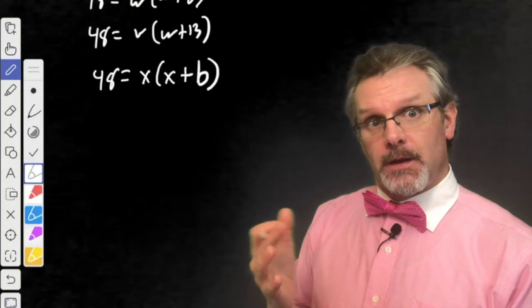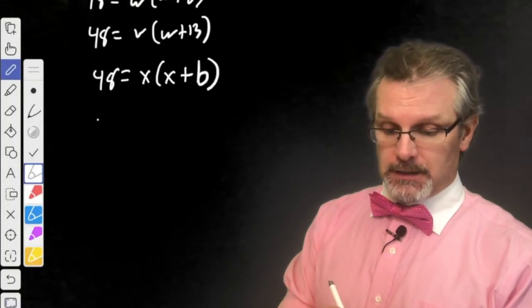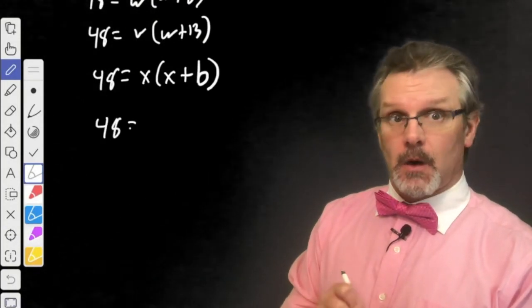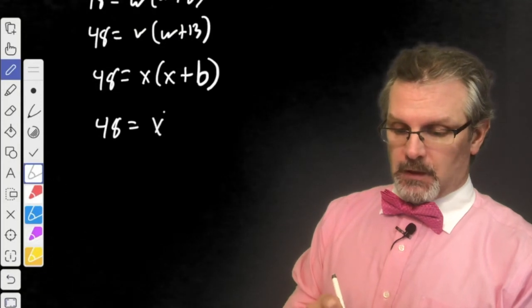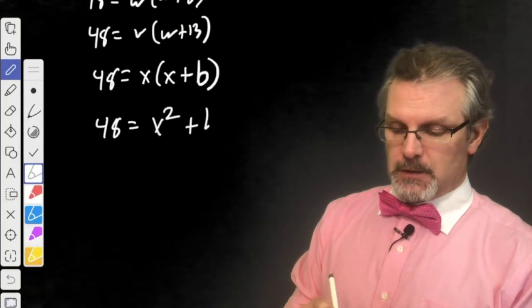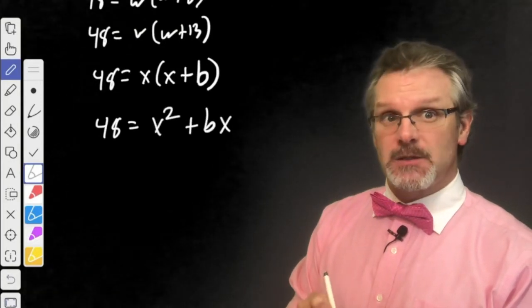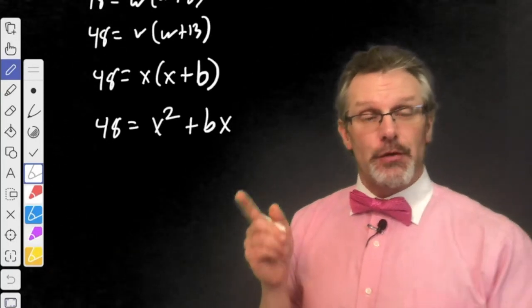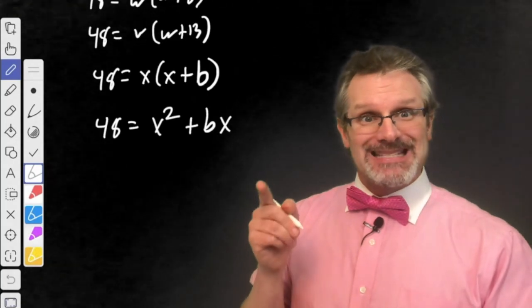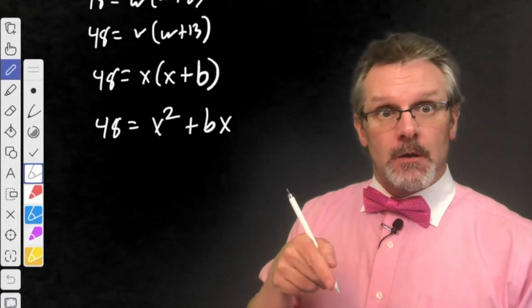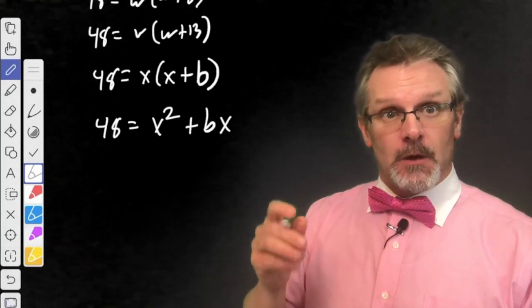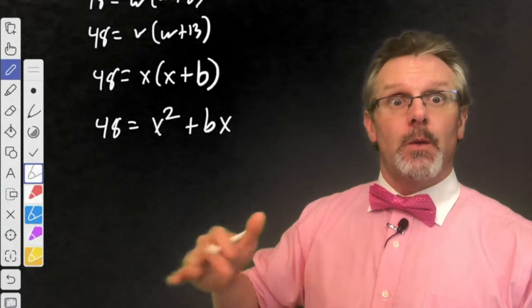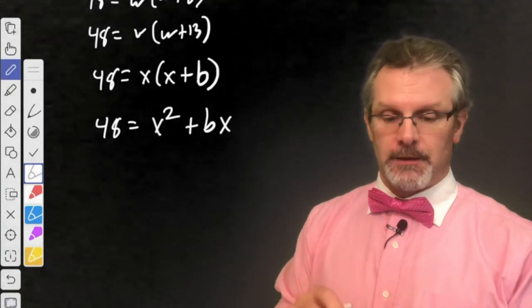So we're going to write kind of a standalone expression as 48, our total area, equals x squared plus bx. Oh, that b term of standard form, that's going to change, and that changes based on how much larger we want the length to be than the width.